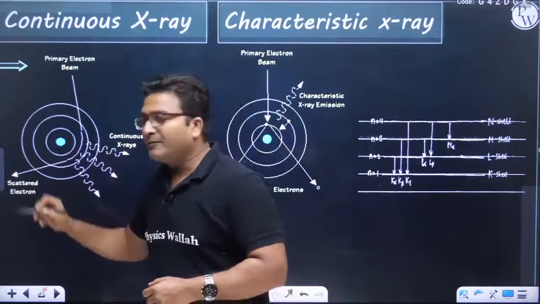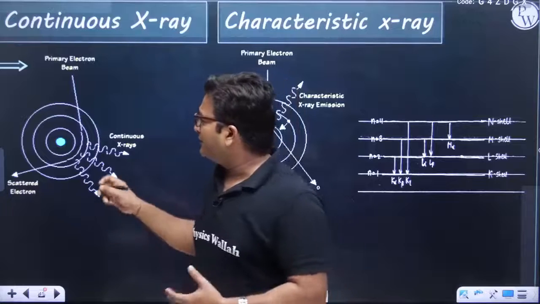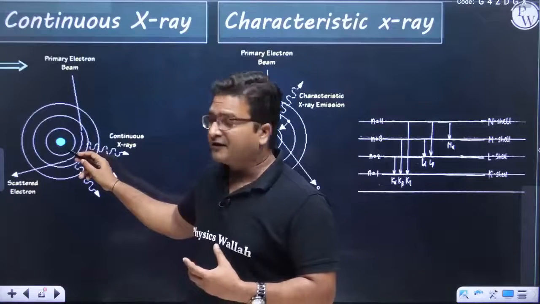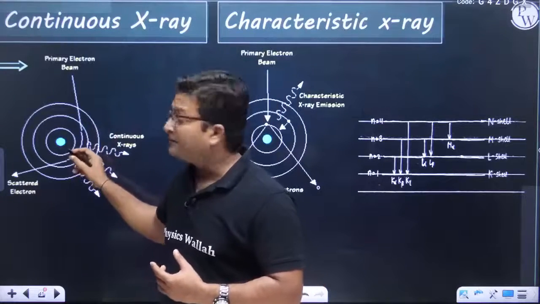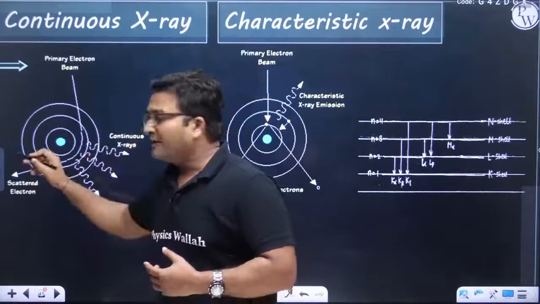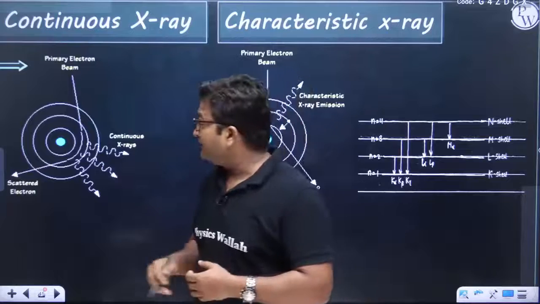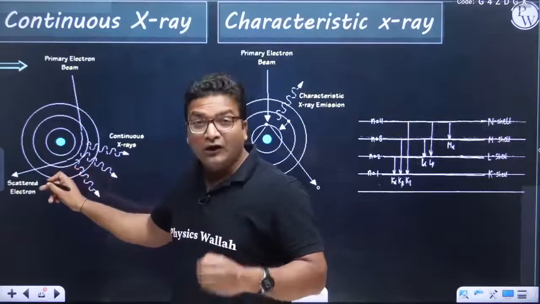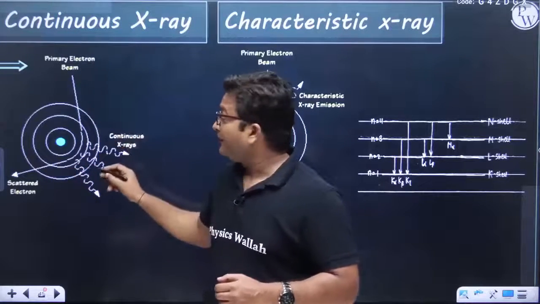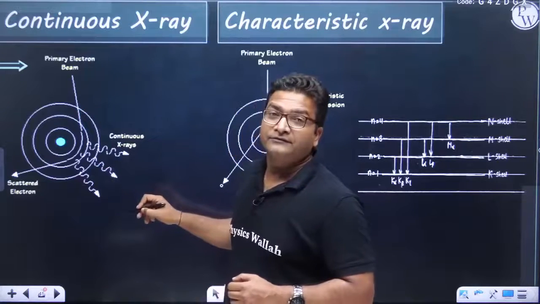Due to the strong electromagnetic field created by the atom and nucleus, it bends its path and loses some of its energy, and the energy lost by the incoming electron is converted into X-rays.